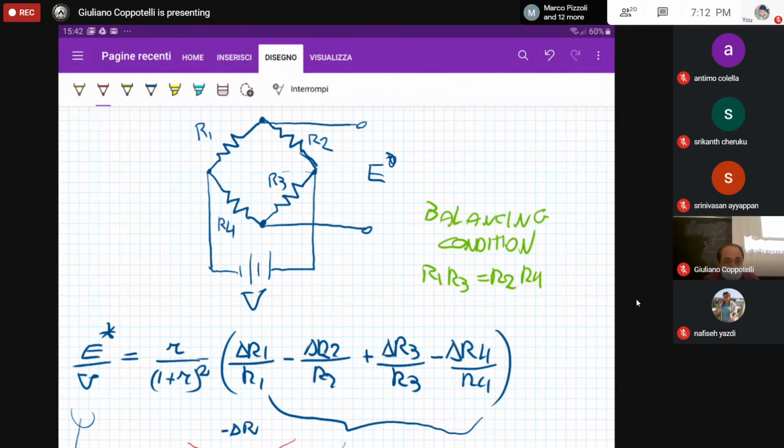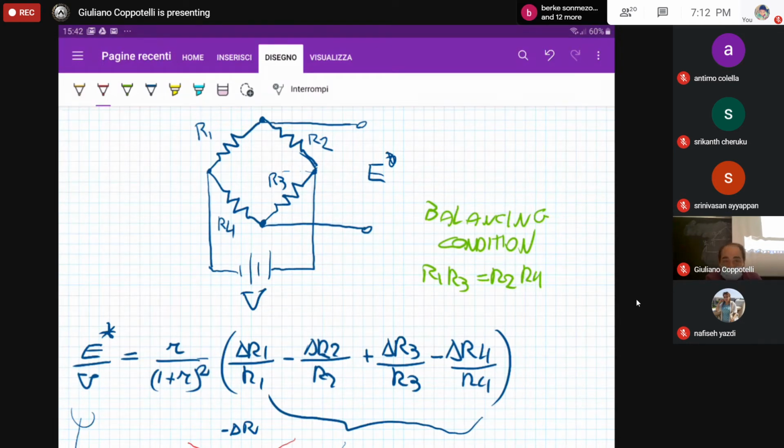This strain gauge is just close to strain gauge number 1, the measuring strain gauge, but is not bonded to the structure, so it's not measuring any strain. However, it is measuring the equivalent strain because of the operating temperature.